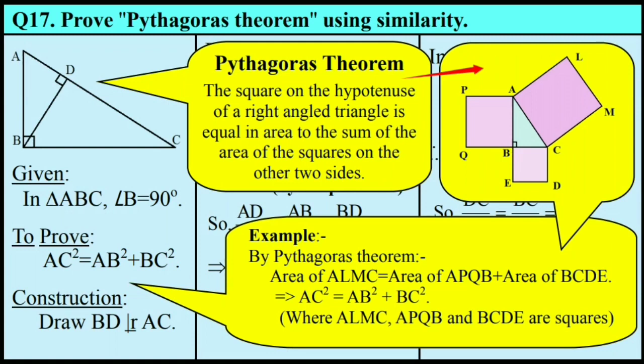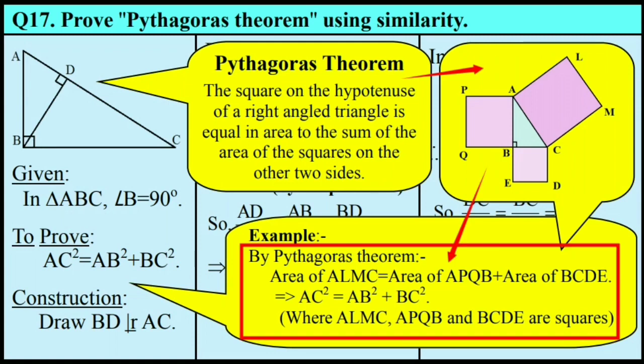According to the Pythagoras theorem, the area of the square ALMC is equal to the sum of the areas of the squares APQB and BCDE. Let's understand it through a mathematical relation.